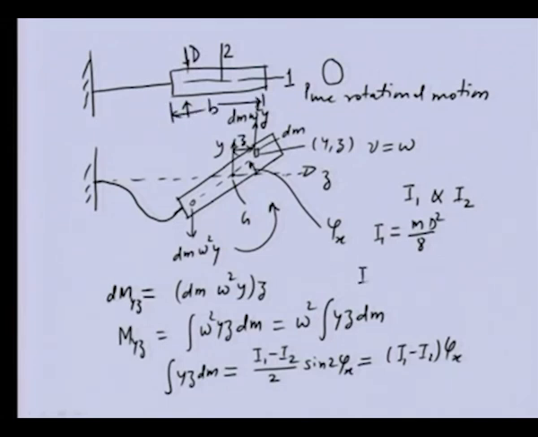And I2 is given as m d square by 16 plus m b square by 12, where b is the length of the stick and d is the diameter.